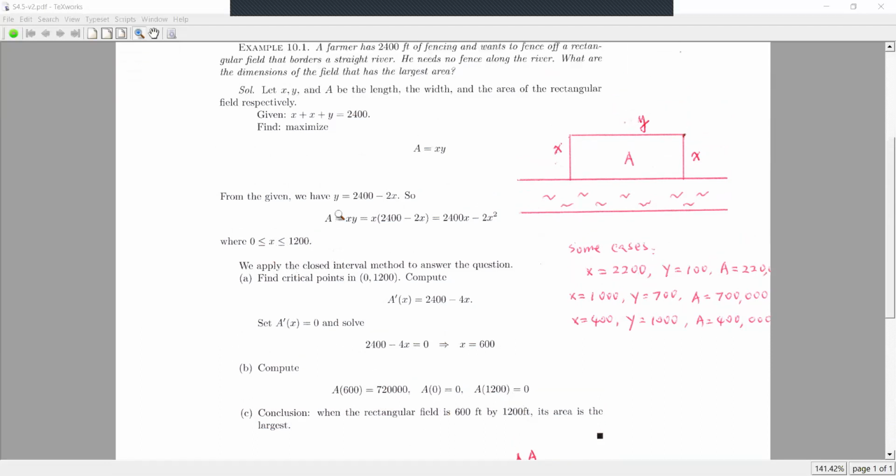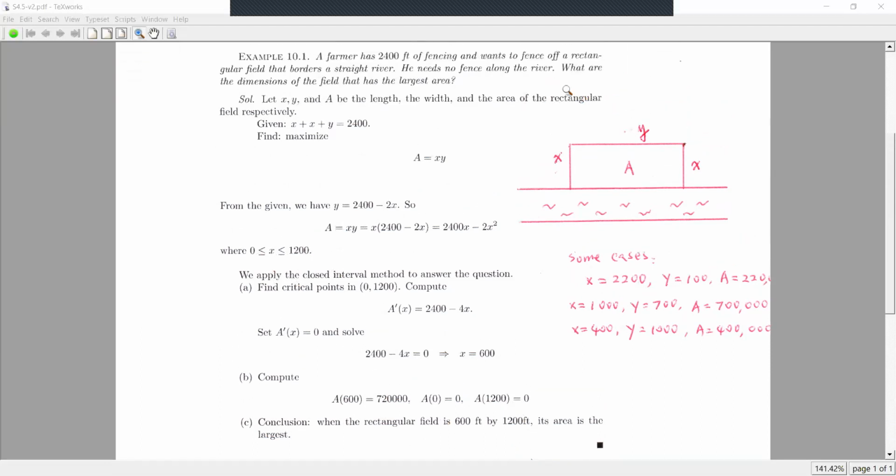So the answer to this question, how to make the area the largest: you should choose x to be 600. The width of the field should be 600. Then plug in 600 here to get the length, y. The length of the field is 1200.